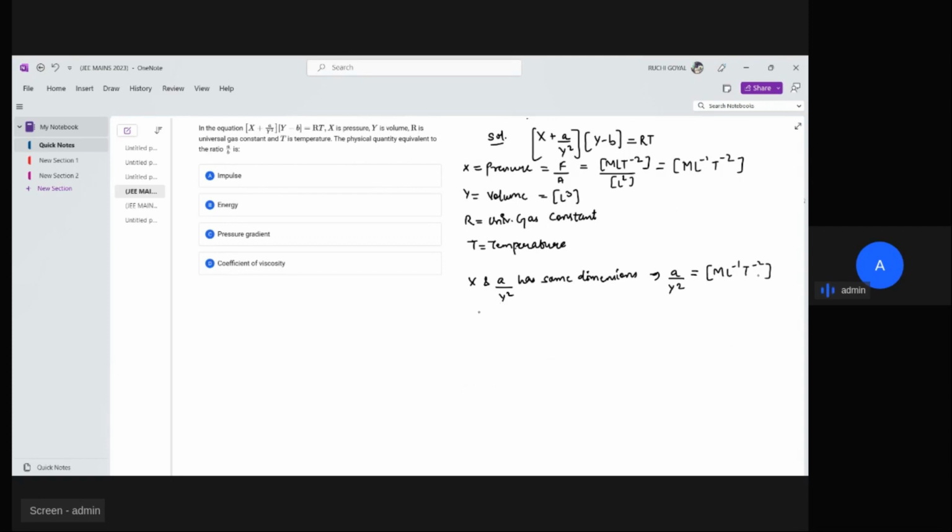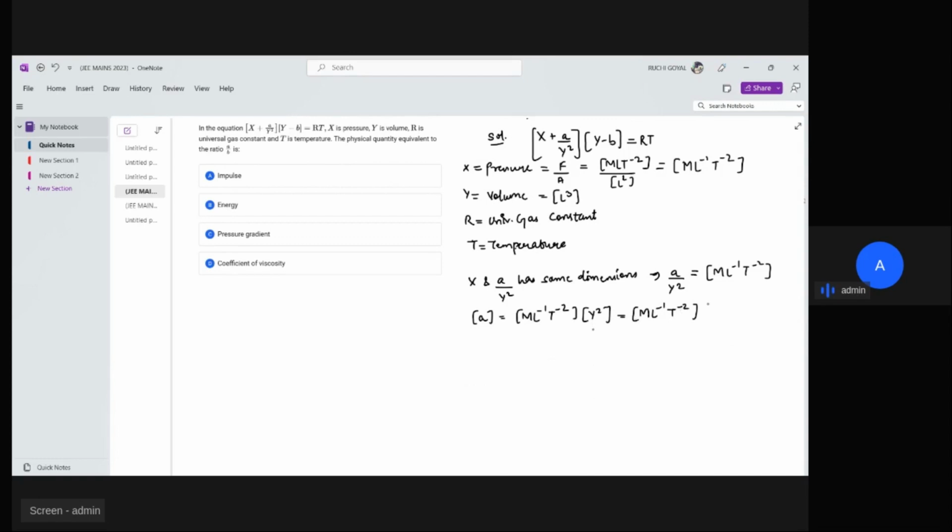Then the dimensions of A will be M L minus 1 T minus 2 into Y square. What is the dimension of Y?